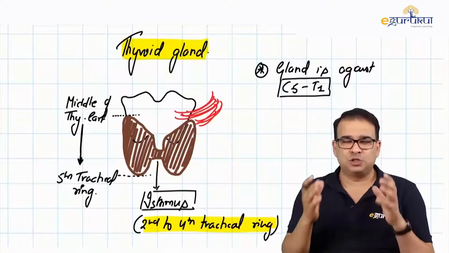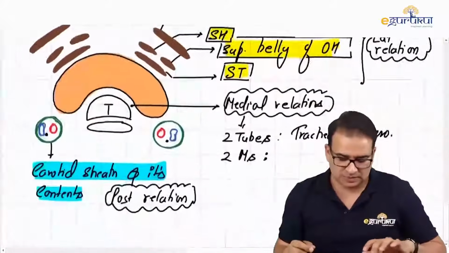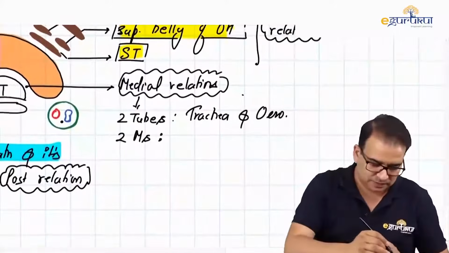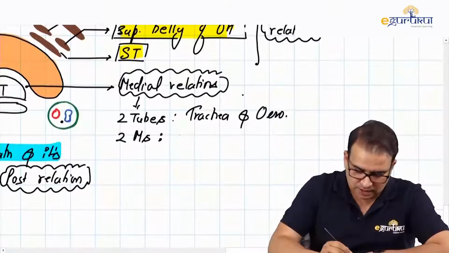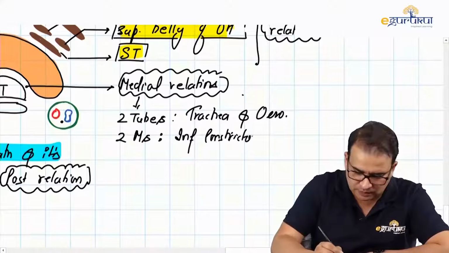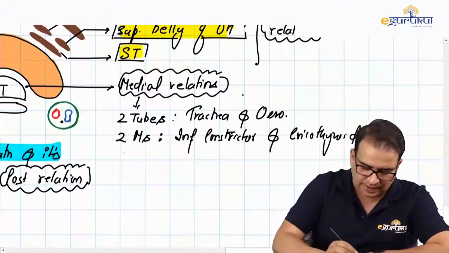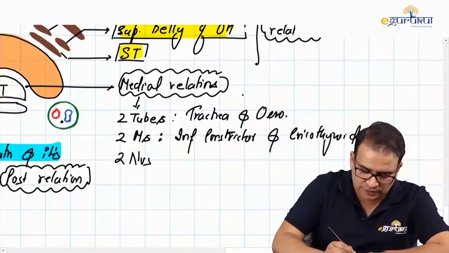So these are the two tubes, and now we have two muscles also: the inferior constrictor and cricothyroid. And finally, two nerves.